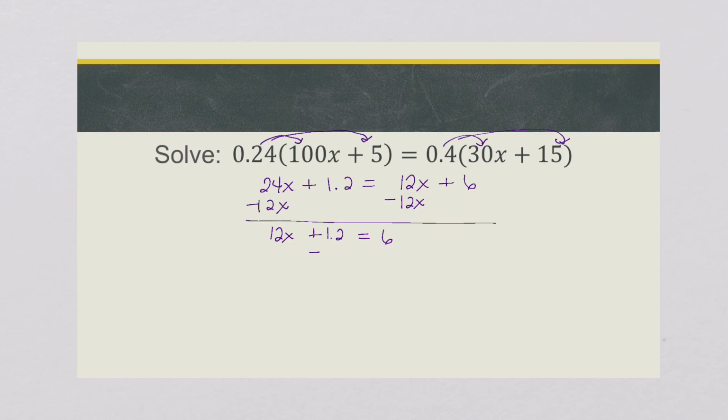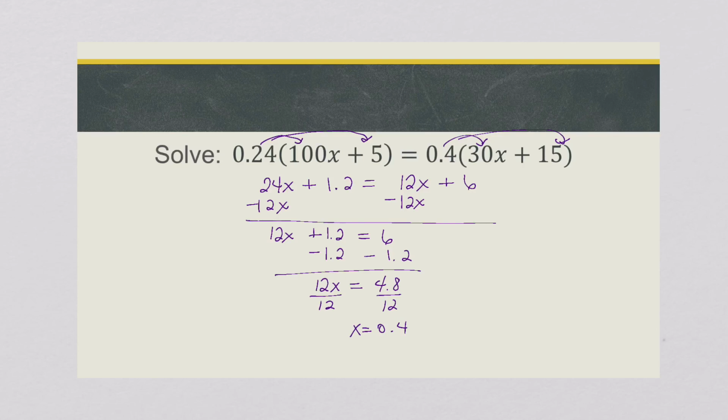Now I want to subtract 1.2 from both sides. So I've got 12x is equal to 6 minus 1.2. Divide both sides by 12. And I get that x is equal to 0.4.